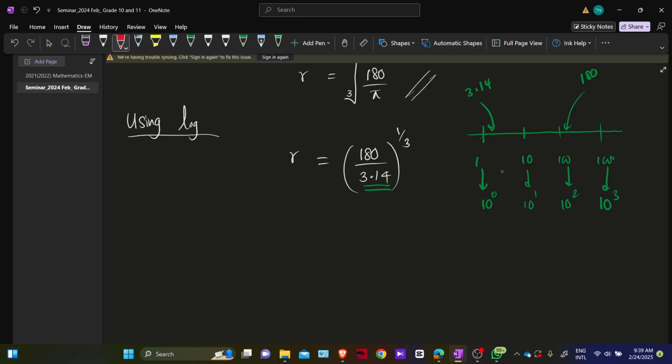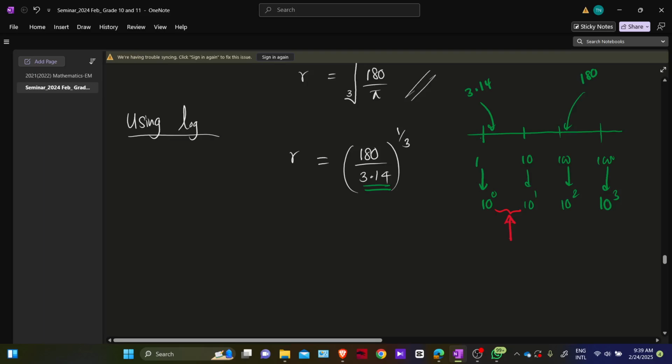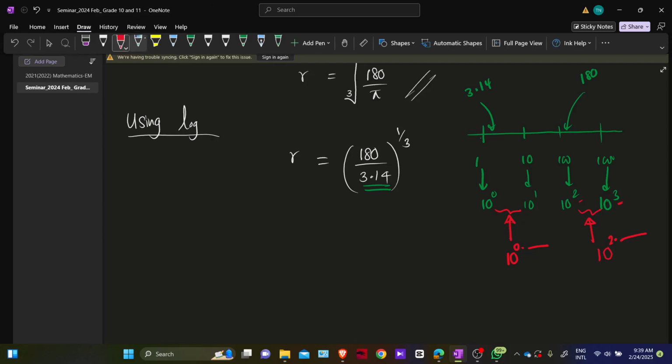Then the index will be, here the index will be 10 to the index 0 point something. Here the lowest index is 2, highest index is 3. Therefore, in between this range, each value can be represented as 10 to the index 2 point something. I'm going to use that technique.